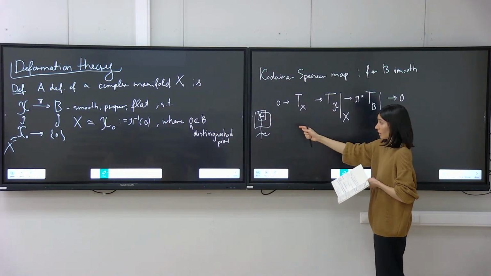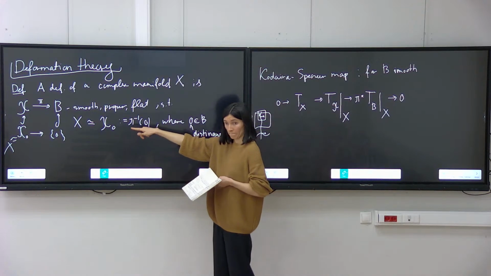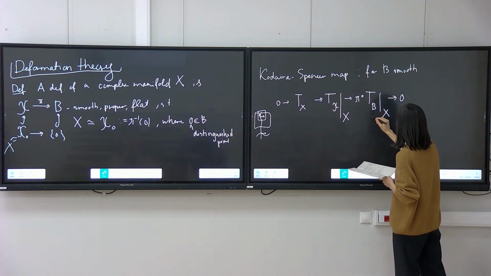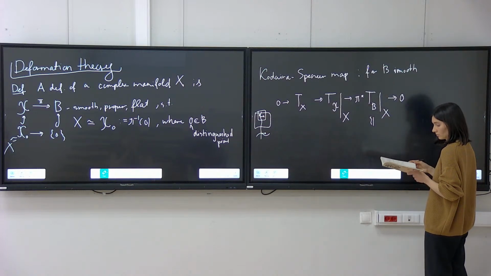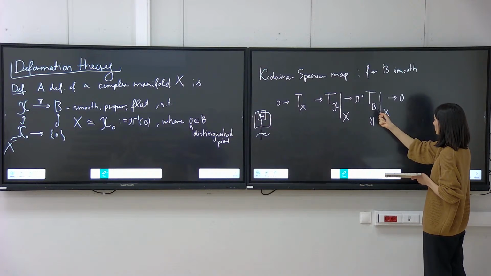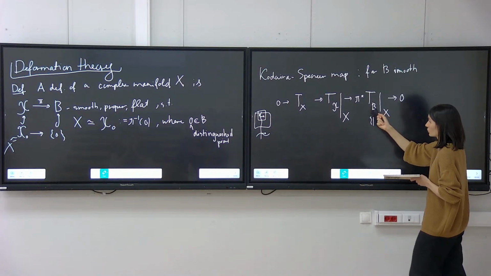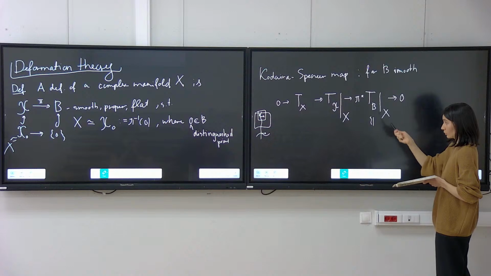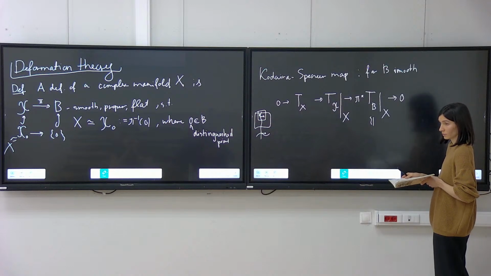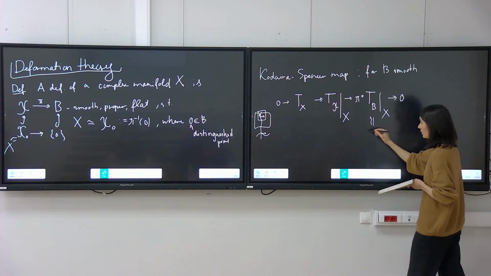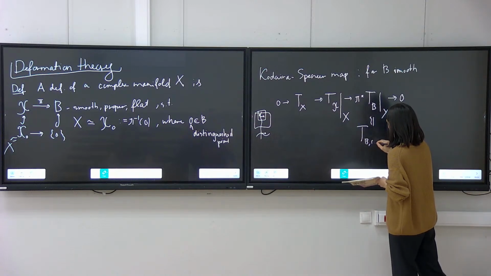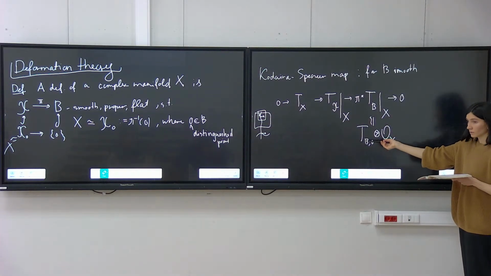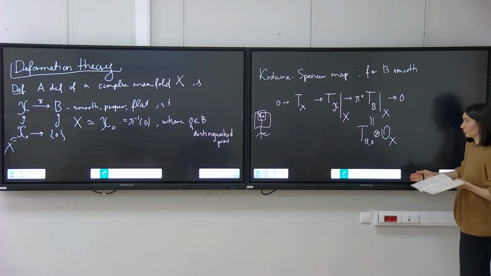This is just the dual sequence in the case when everything is smooth. Okay, so we have this map, and now what is this bundle? If we restrict the pullback of the tangent bundle of B to the fiber X, what is this vector bundle? Trivial. Yes, it's trivial. This is more or less obvious.